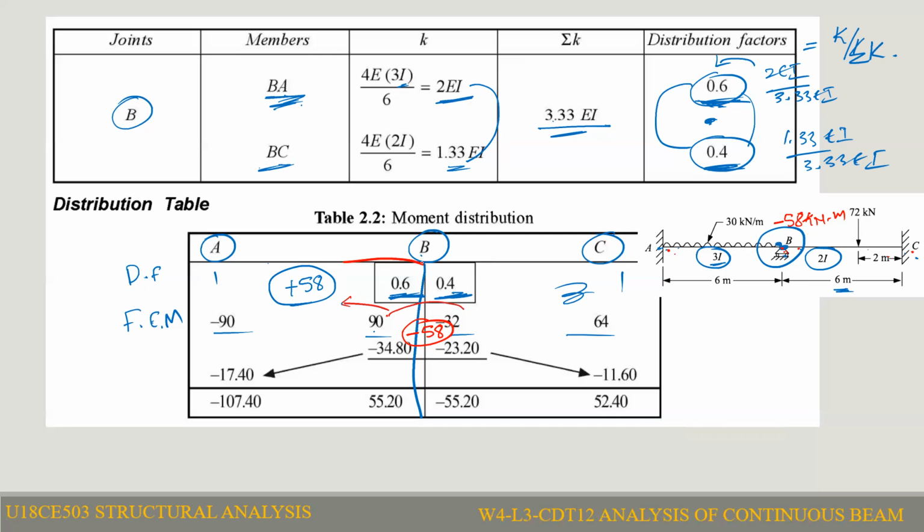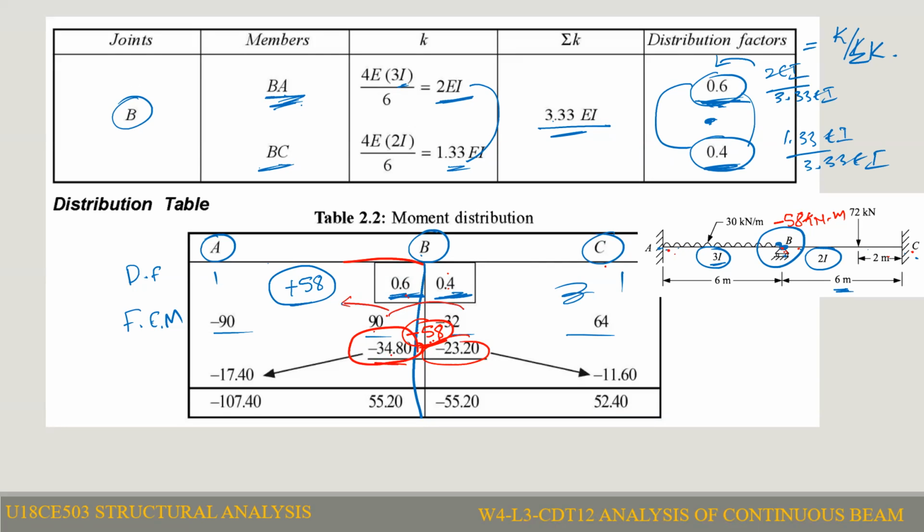Minus 58 multiplied by 0.6 is the distribution moment for the BA member. Minus 58 multiplied by 0.4 is the distribution moment for the BC member. Minus 58 multiplied by 0.4 gives minus 23.2, and minus 58 multiplied by 0.6 gives minus 34.80. So those values are right.